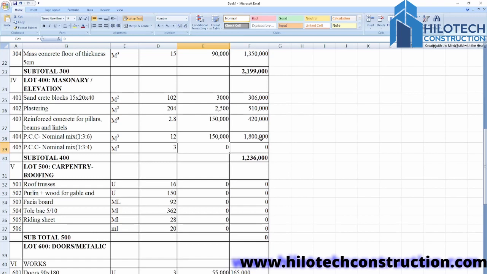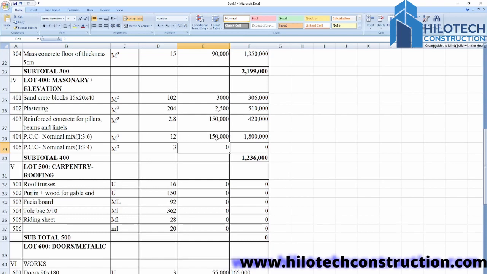Now look at this. They've given you the nominal mix, and they specify the ratio. They are saying you have to use 1 part of cement to 3 parts of sand to 6 parts of gravel. As you can see here, this mixture at the end of the day should give you a mixture with resistance of M10. That is going to be the strength, which most of our engineers understand.